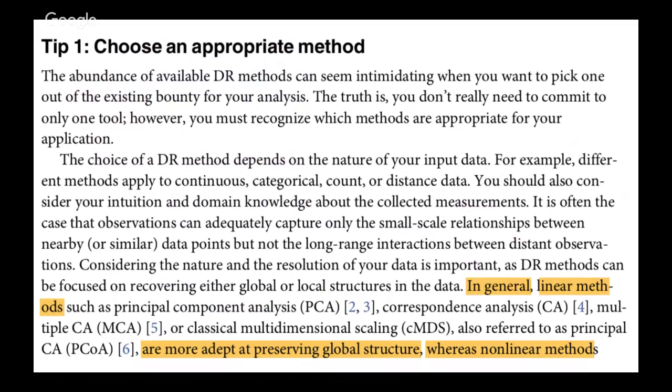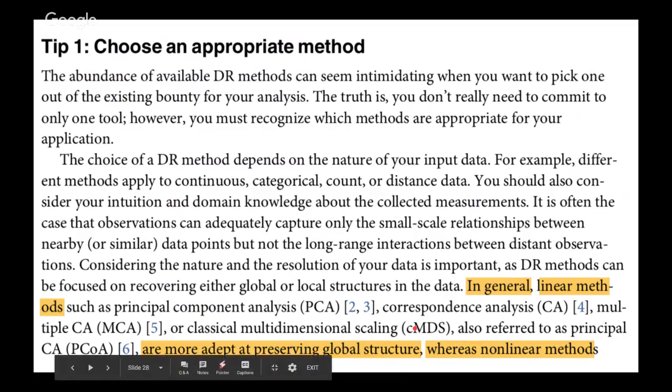And tip number 1 is to choose the appropriate method, right? Some of what they say here is have a look around at what your field is using, and then try and see if you can describe your data in the different ways in which it can be represented once you apply the dimensionality reduction.